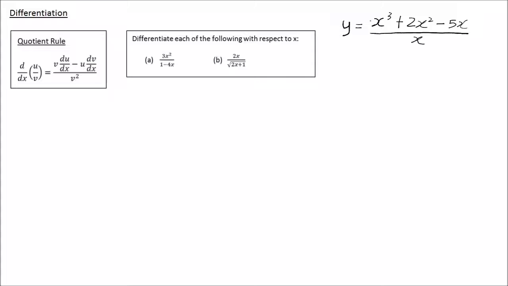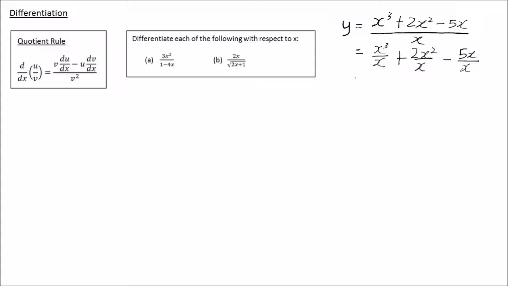So to do this, we can split up this expression in this way. x cubed divided by x plus 2x squared divided by x minus 5x divided by x.